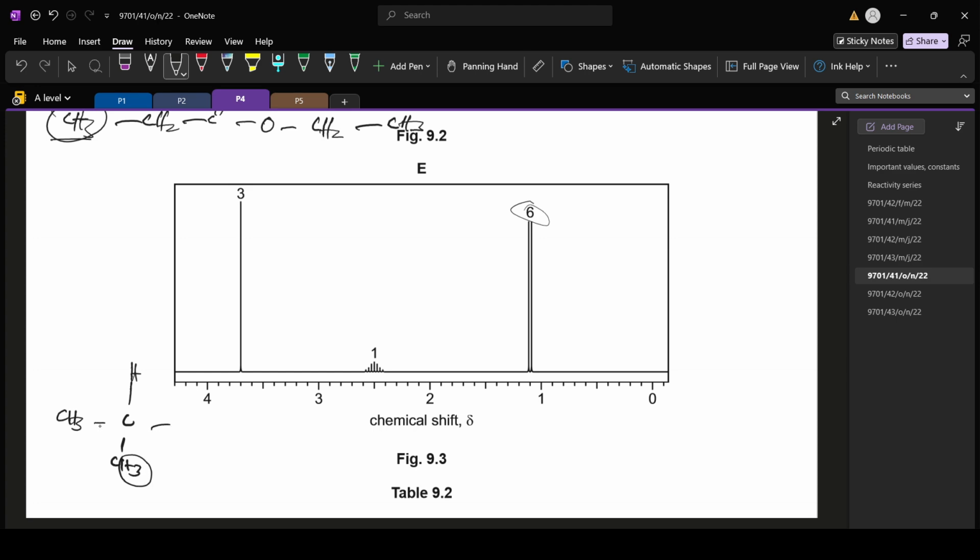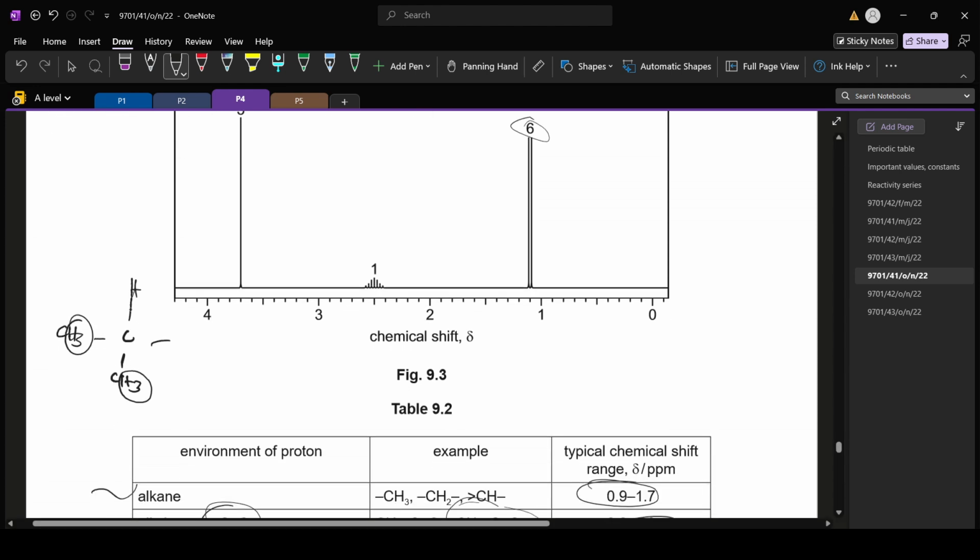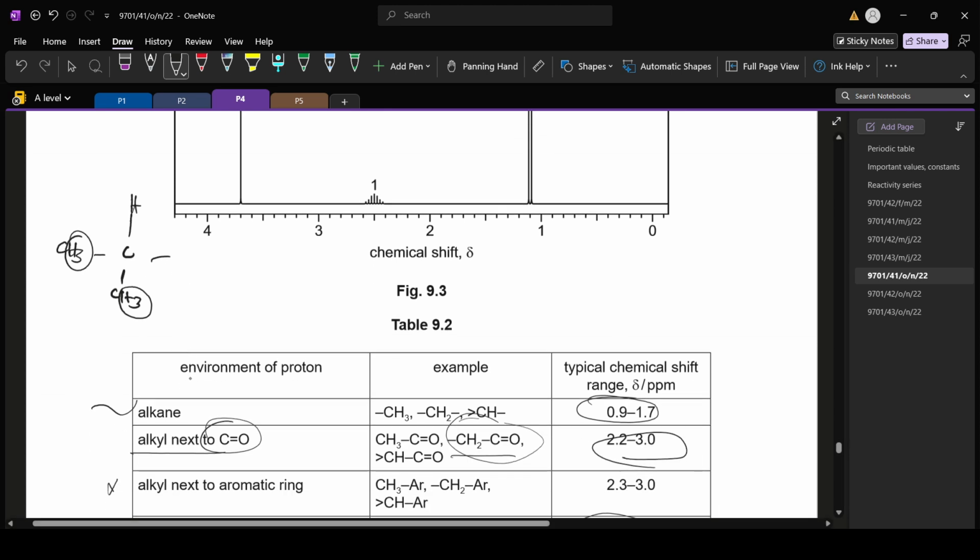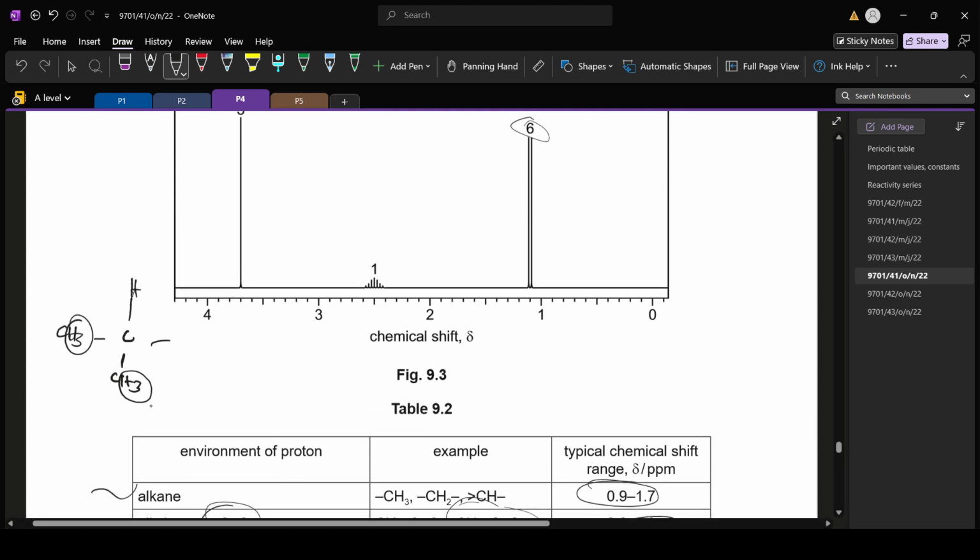So these 6 hydrogens will have this doublet, because there is one hydrogen on the adjacent carbon. So these 6 hydrogens will show this doublet. Okay, you can imagine that. And you can also see that this chemical shift of 0.9 to 1.7 is due to alkanes.